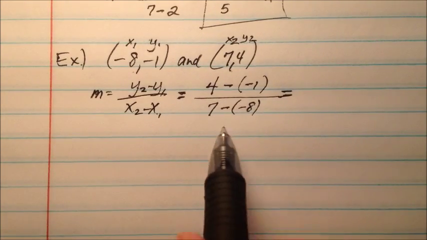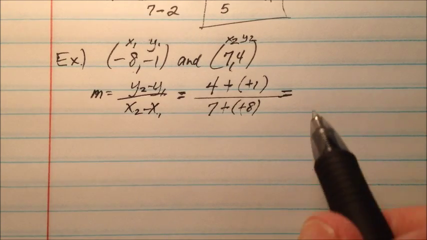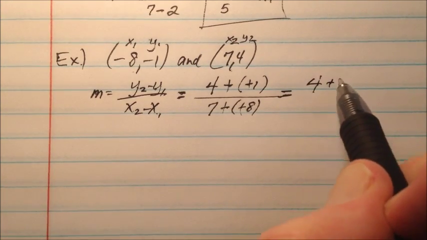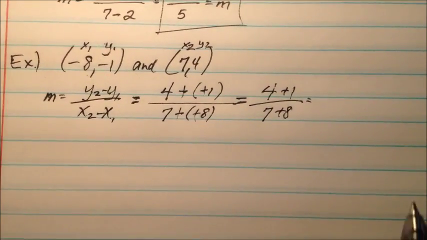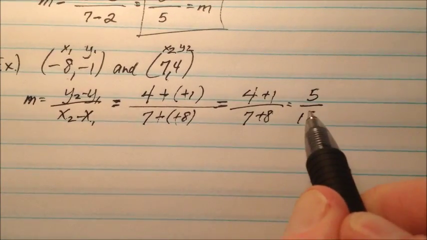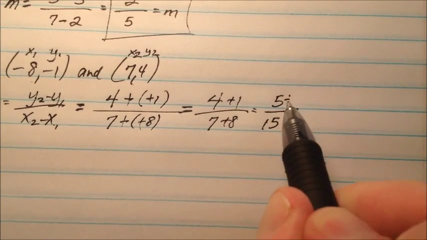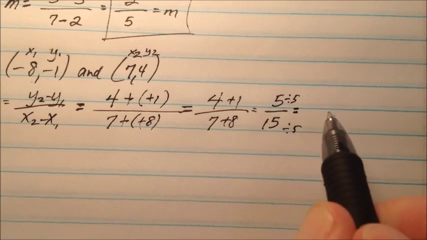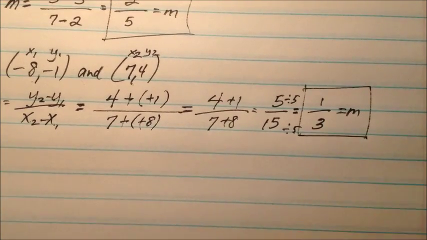So remember, when you're subtracting a negative, you can go swoosh, swoosh, and make them plus signs, or addition problems. So 4 plus 1 over 7 plus 8 will be 5 over 15, which we can actually reduce, because we're going to divide both the top and bottom by 5, and we'll get 1/3 for our slope.